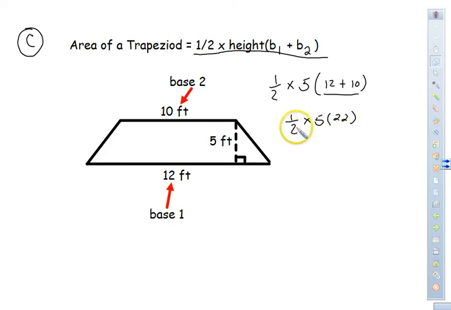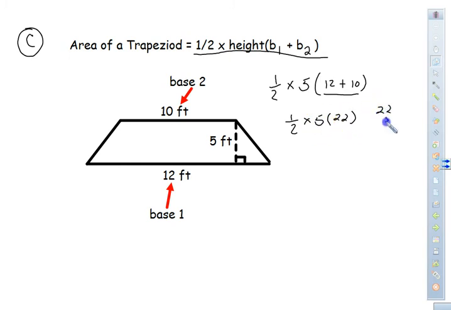Now you can always take this and multiply by 1/2 to any of these numbers. You can plug this all straight through your calculator, and if you do that, you're going to find that you end up getting 55 for that. If you want to work left to right, you can, because of your associative property, you can also do your 5 times 22.